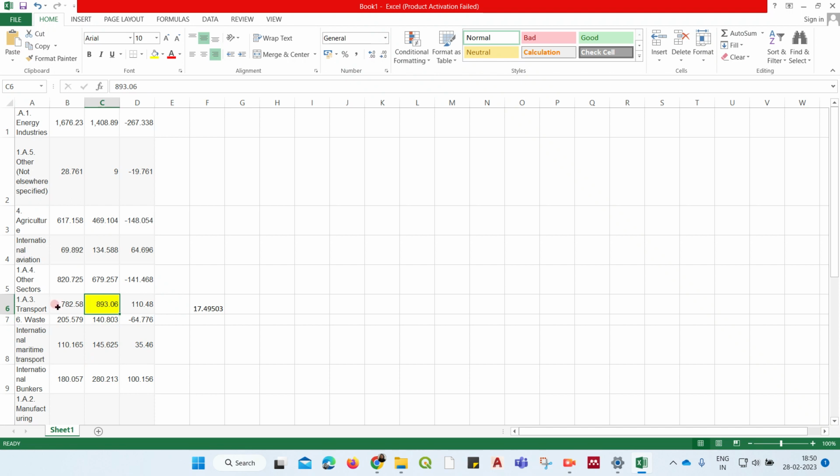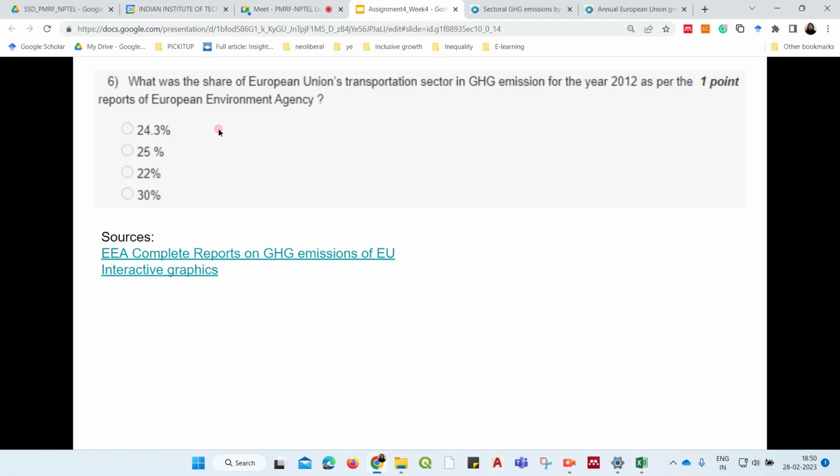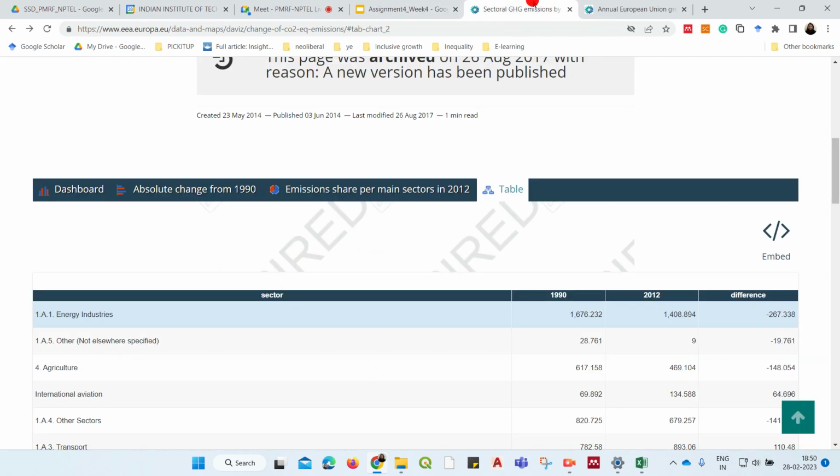But if you see the transport sector's percentage in the overall, you will find that 24.3 is the percentage of the GHG emission from the transport sector from the report produced by European Environment Agency. So I hope that's clear. Then again, you can go to more reports as well.